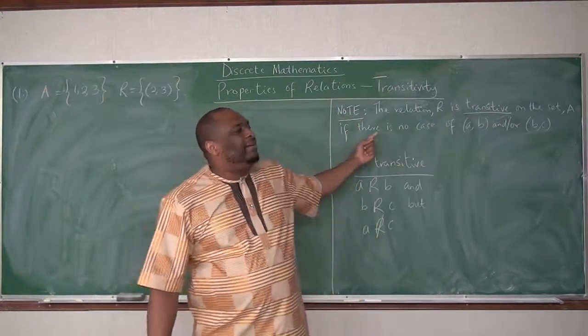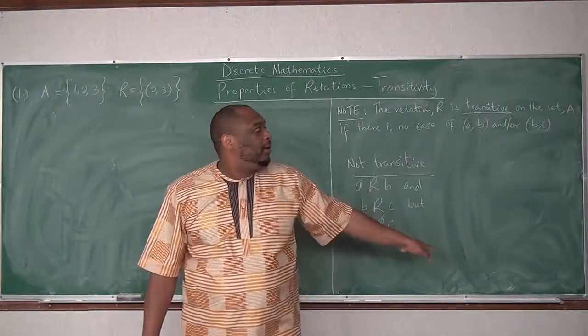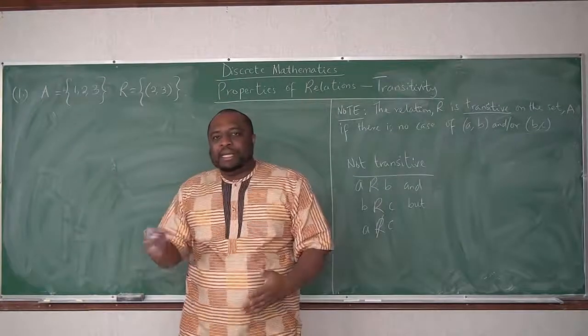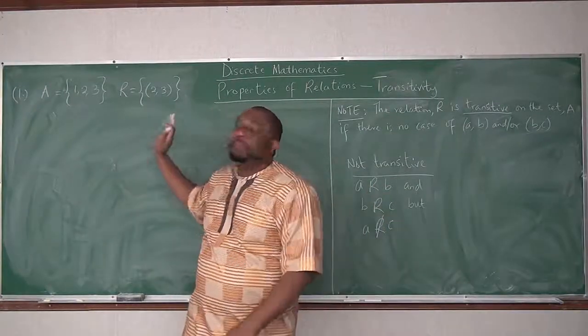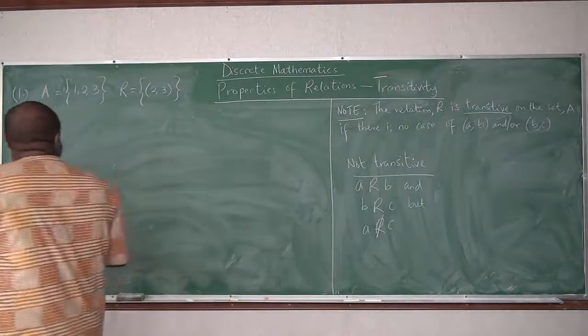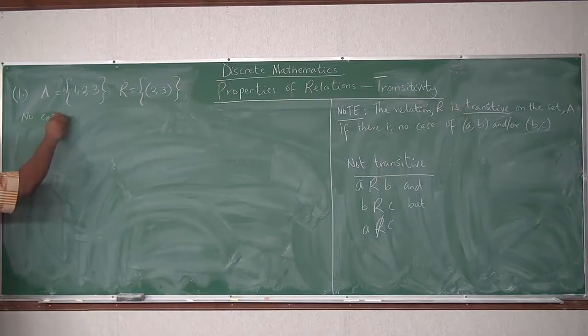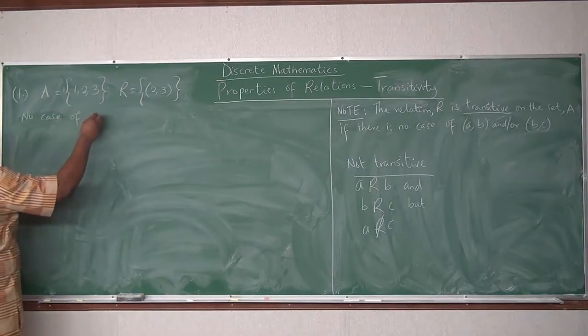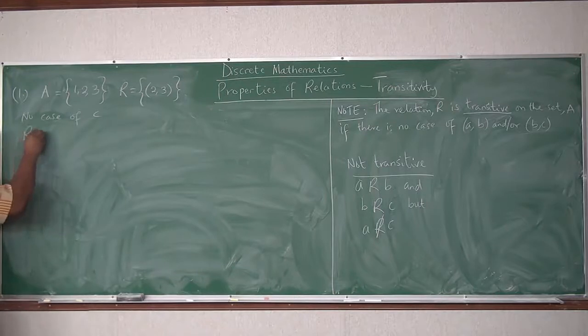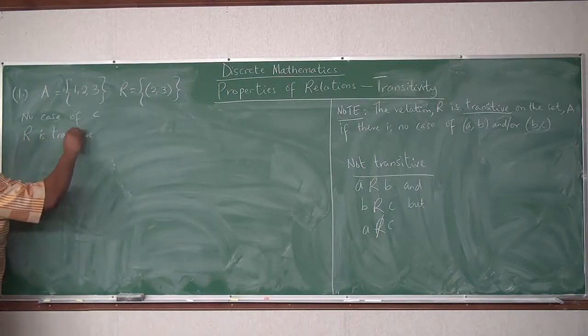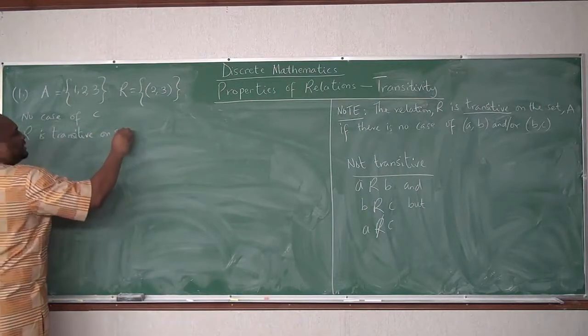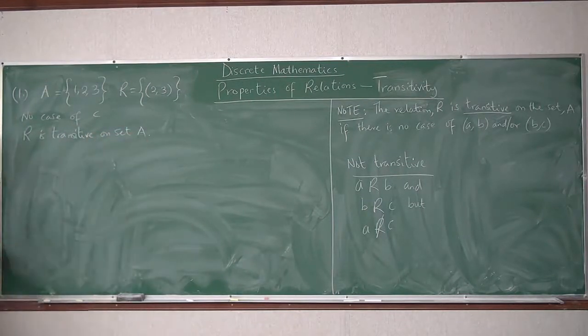So if there is no case of (a, b) and (b, c), just like you have here, we say that R is transitive. Since there is no case of c, R is transitive on set A. That's the way we look at it.